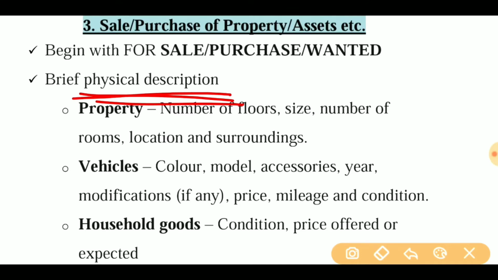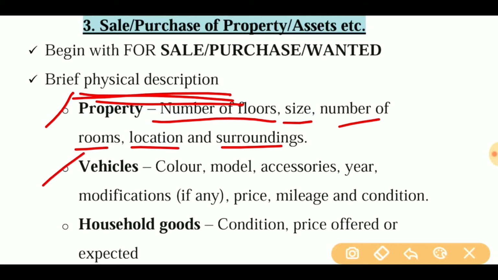If some property is there, you should mention the number of floors, size, number of rooms, location, surroundings, whether it is sun facing or not, number of balconies, and other things you can mention.